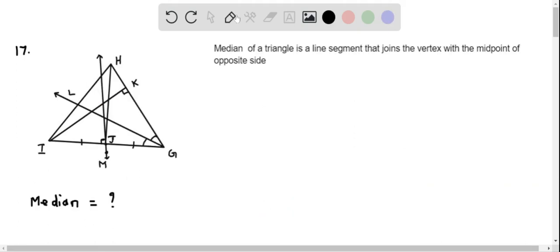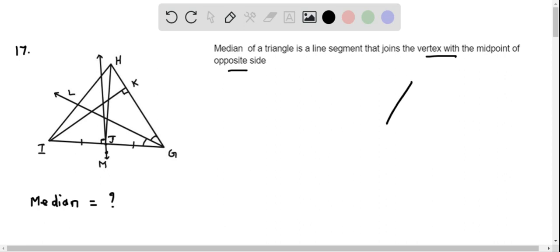Let's now determine the median of this given triangle IHJ. So here we have three line segments, that is IK and GL as well as HG. We know that from the definition of a median, a median is basically a line segment that joins the vertex with the midpoint of the opposite side.